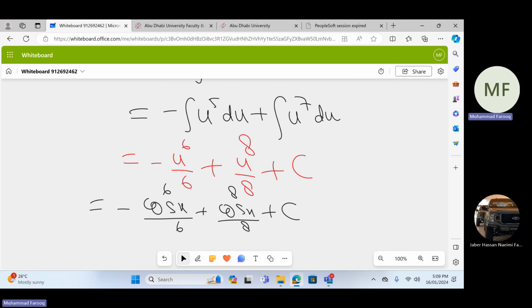Anyway, before we go, I will just introduce which identity you use if the power is even. Even powers are very complicated, by the way. If the power is 4, you can manage, but more than 4, after 4 the next even number is 6, oh my God, it's really very lengthy.